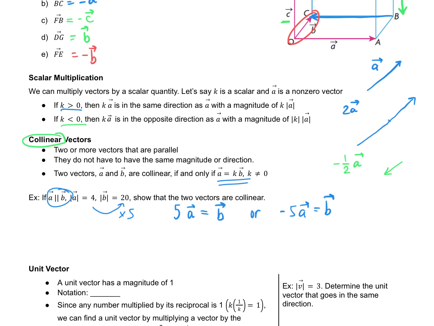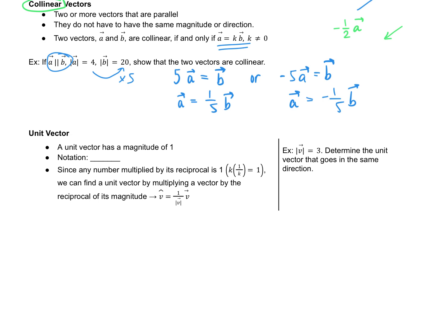And another way we could write this, instead of doing 5 times vector A, we could say that vector A is equal to a fifth of vector B. Make vector B smaller. 20 times a fifth will give us 4. Likewise, I can do this. Any of these statements would show that these vectors are collinear. And again, I put a positive and a negative version because just telling me that vectors are parallel doesn't tell me if they're going in the same or opposite directions.